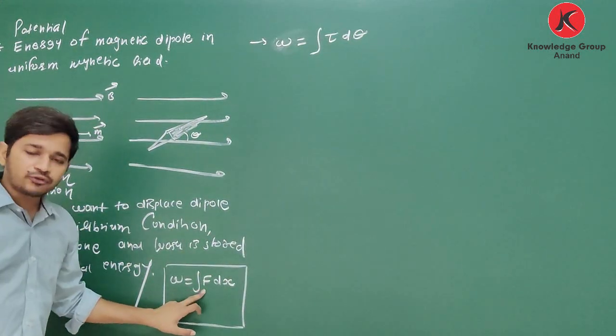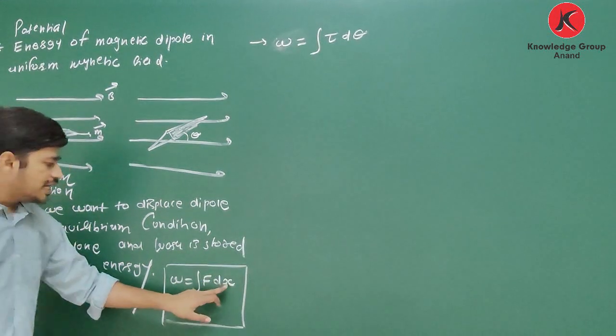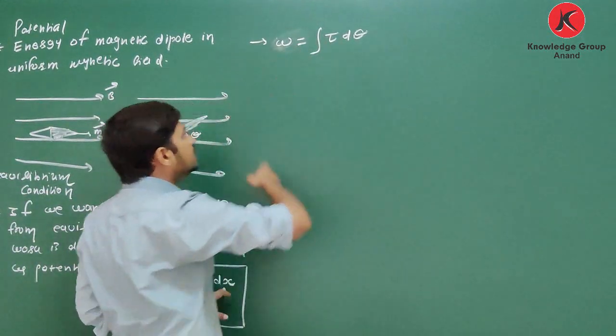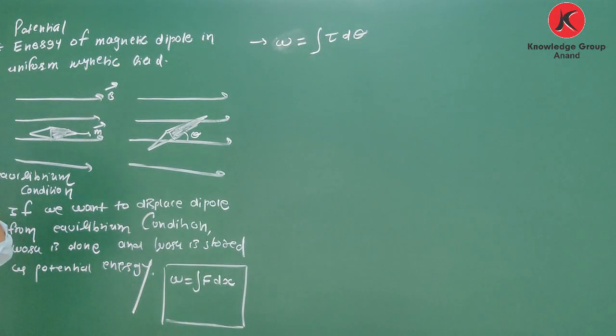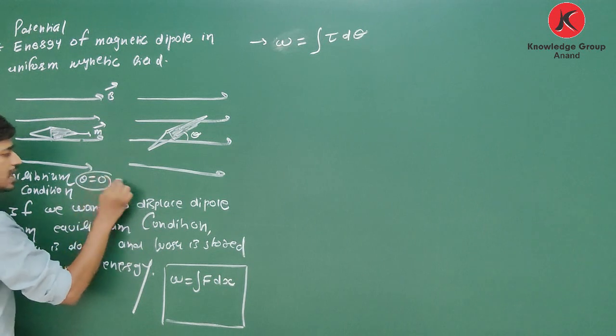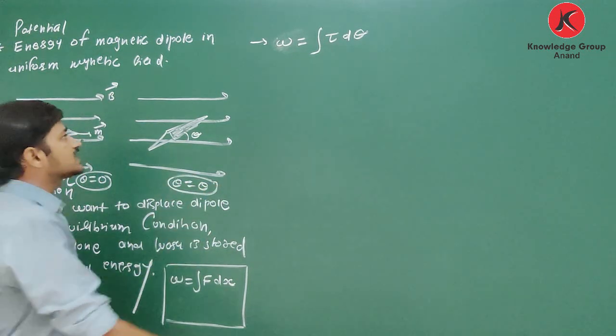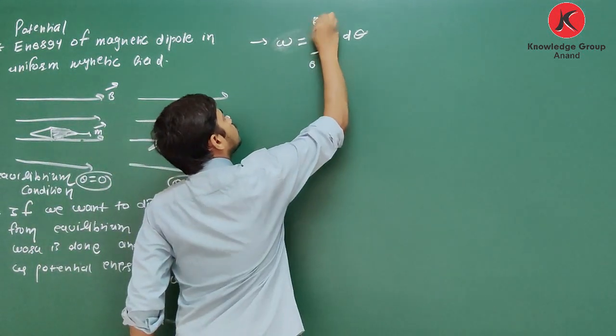For linear motion, force is responsible; for rotational motion, torque is responsible. Linear displacement dx, angular displacement d theta. I want to rotate this dipole. Initially it is in this direction, meaning theta is equal to 0, and here I want theta equal to theta. So what is the limit? It is from 0 to theta.